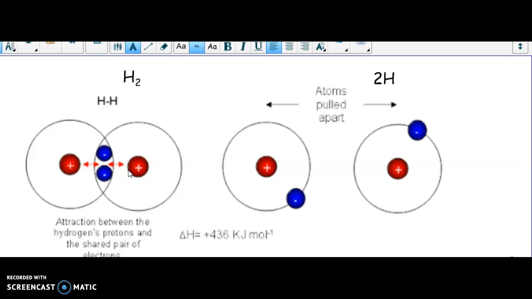Well, let's apply this now to a more common reaction. This is just breaking apart a single molecule, but you know atoms can be broken apart in a chemical reaction and then put back together. And the question becomes, does that reaction need energy to occur, or does it release energy into the environment?